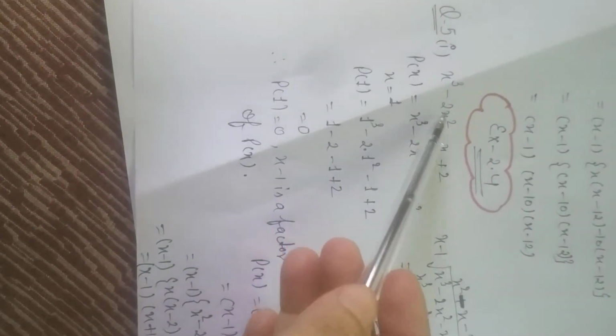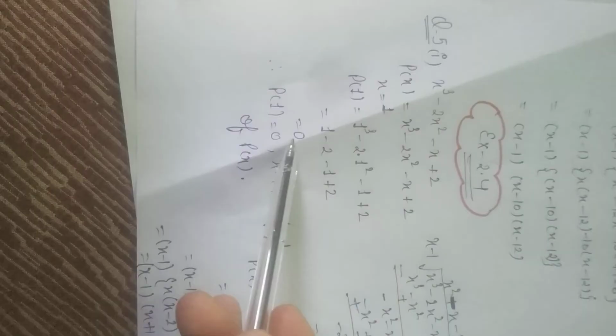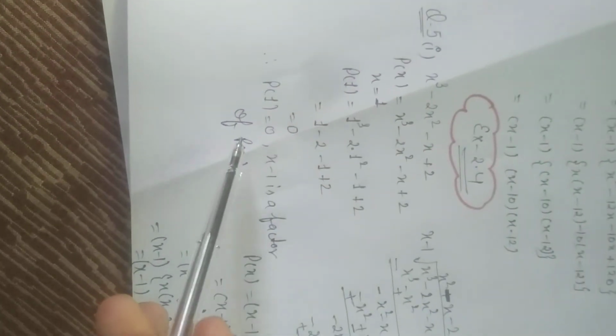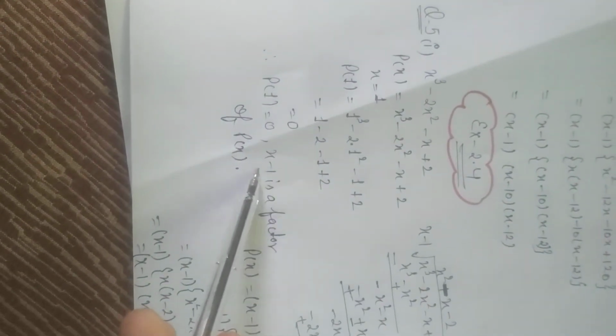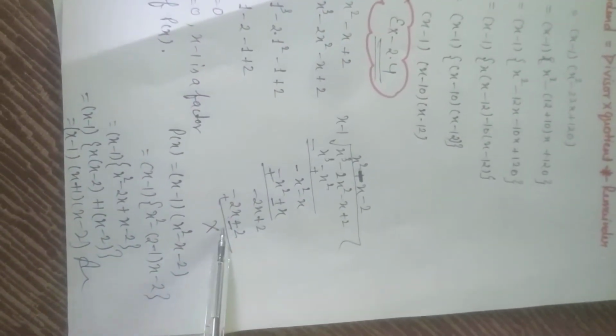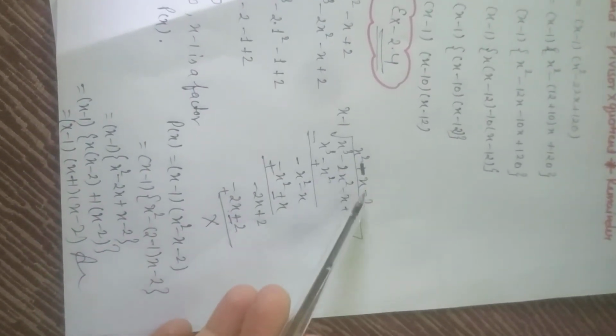Okay. So I have done the first part of question number 5 here. The first part, x cube minus x square minus x plus 2. P(x) is equal to this. First I have checked for x is equal to 1. We are getting 0. Then what we will do, with x minus 1 we will divide P(x). So we have divided here. Division you all know that. X square minus x minus 2.